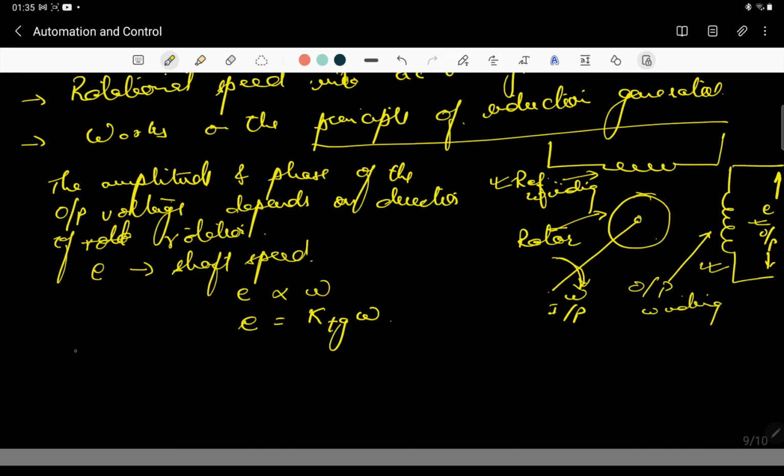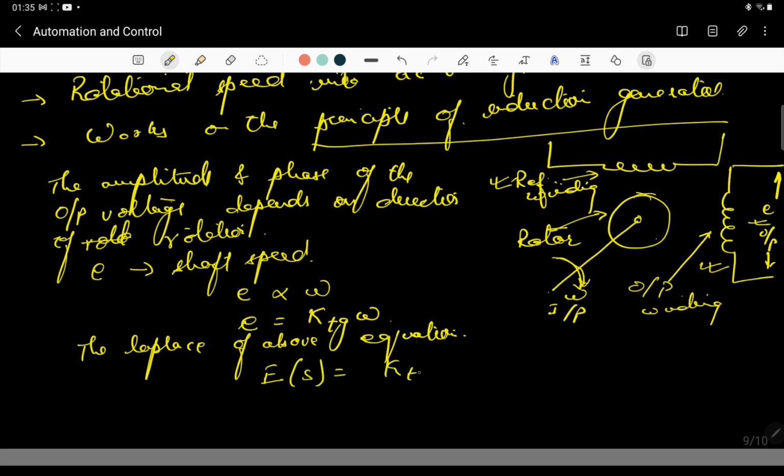The Laplace transform of the above equation can be written as E(s) equals K_TG times omega(s).